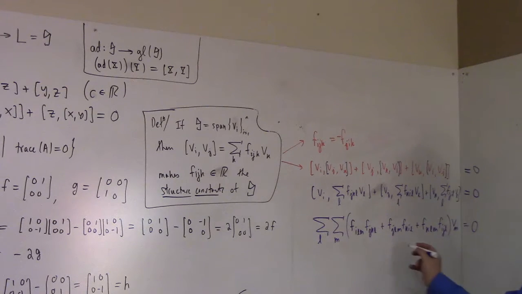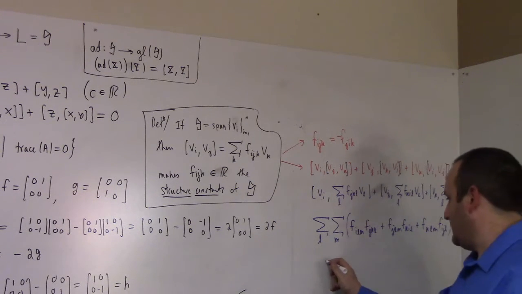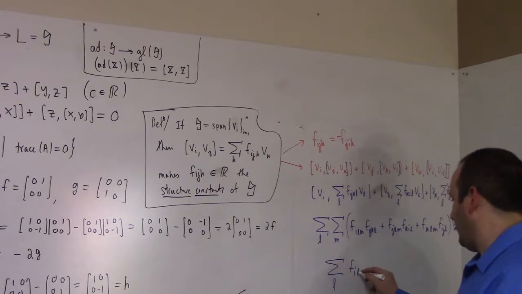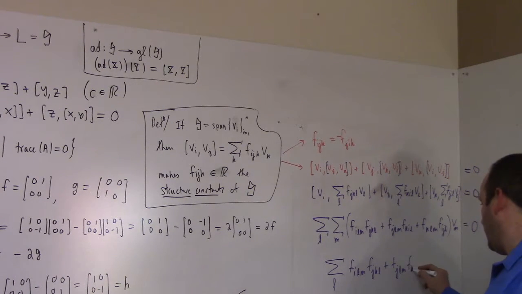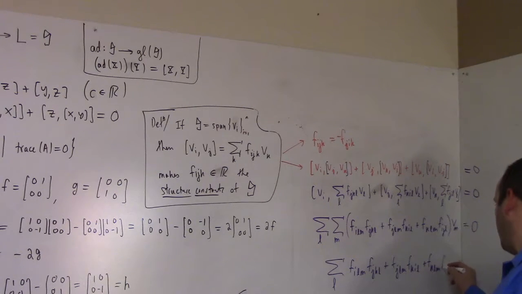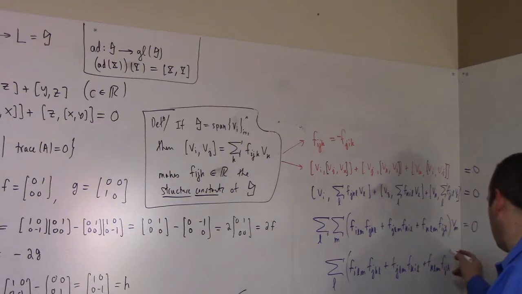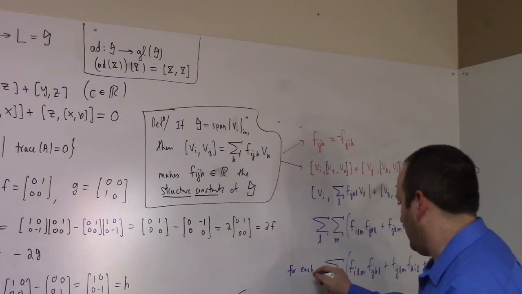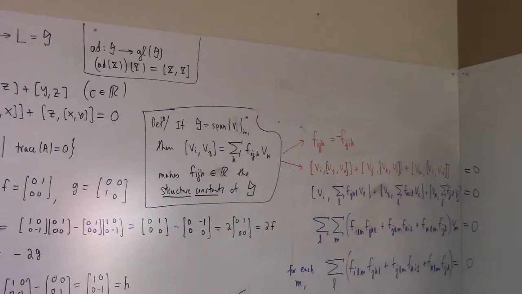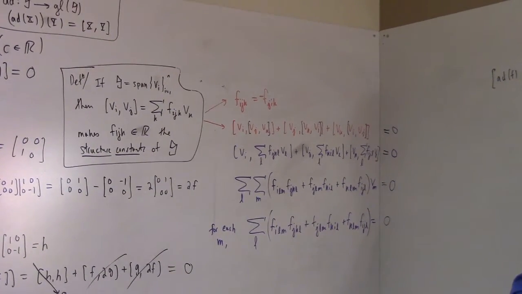So of course you can strip off the sum over M, and then you just have a sum over L. So the condition becomes the sum over L of f_iLM f_jkL plus f_jLM f_kiL plus f_kLM f_ijL equals 0 for all M. So you have M scalar identities as opposed to the vector Jacobi identity, which is just one vector equation, basis independent.